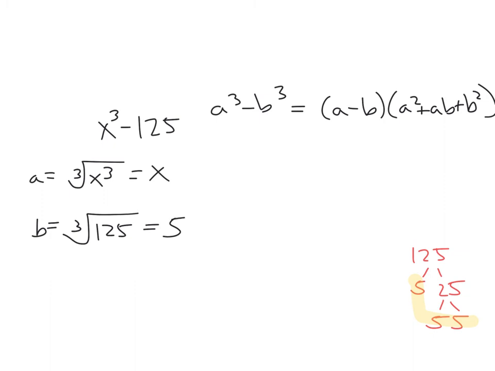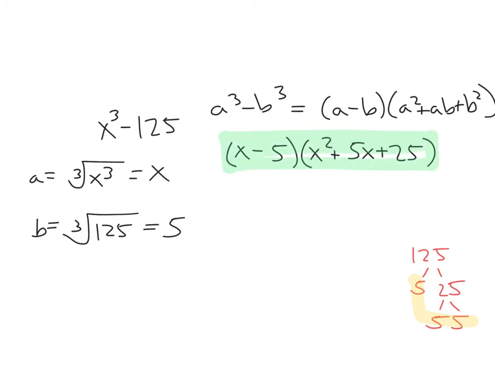So I plug it into the equation. I have x minus 5, and then I have an x squared plus x times 5, so that's just a 5x, and then 5 squared, that's 25. And so that right there is my answer. That is the sum and difference of two cubes.